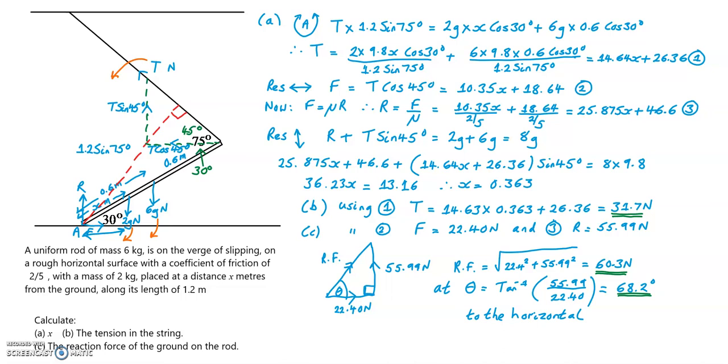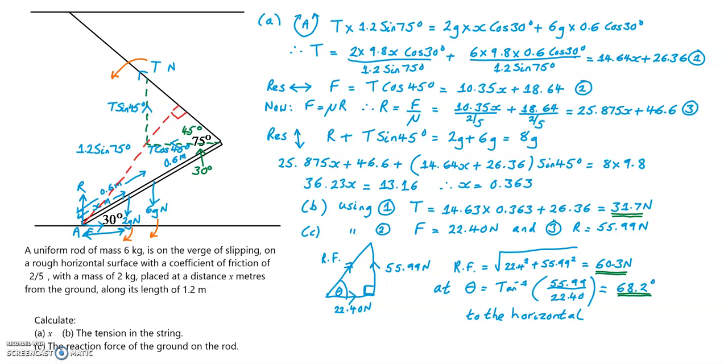Now substituting R from equation 3 and using T from equation 1 and substituting into that equation, and now collecting the x's on the left hand side and the numbers on the right hand side, gives 36.23x equal to 13.16.